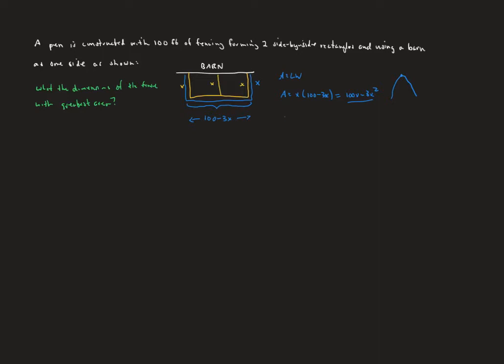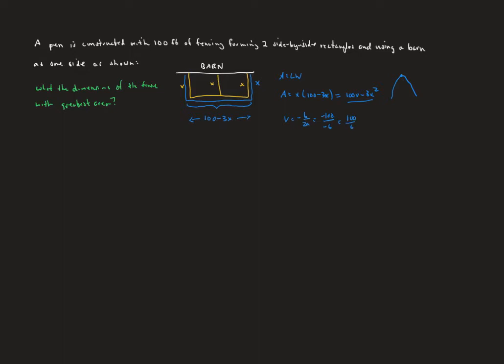And we know that the vertex we can find using negative b over 2a. So our b is going to be that 100, so we can go negative 100, and 2 times a is going to be a negative 6, so that's 100 over 6.